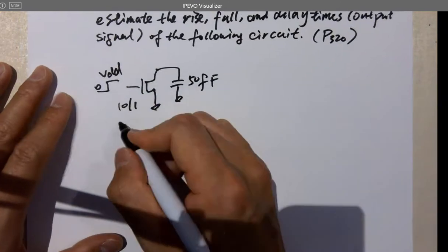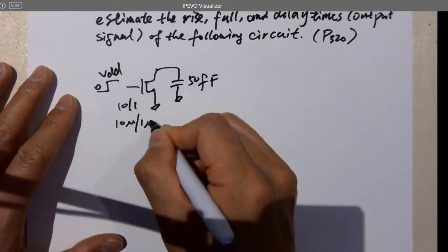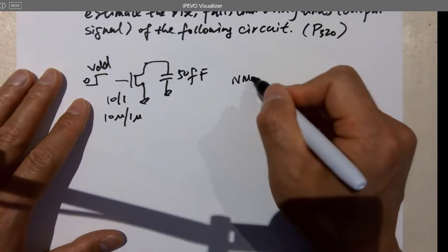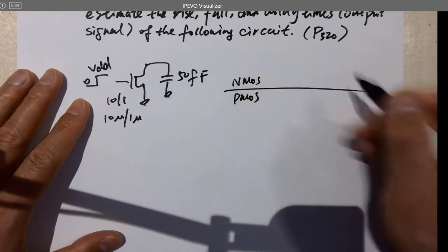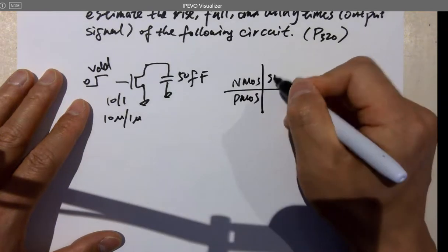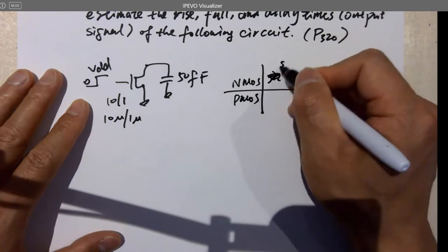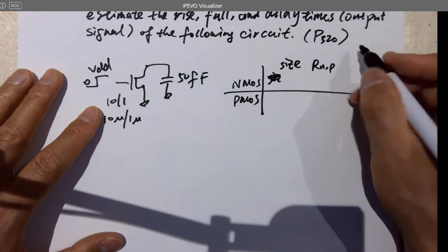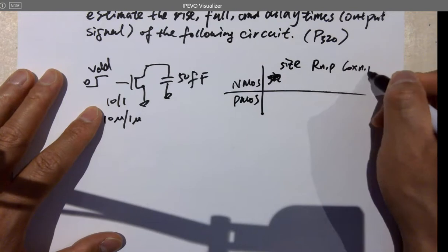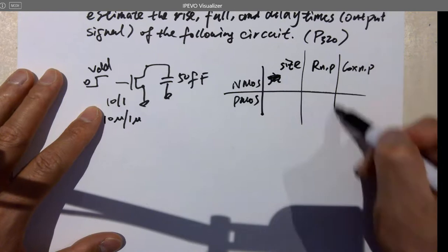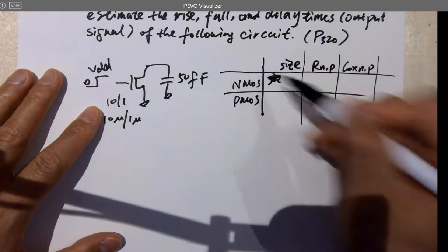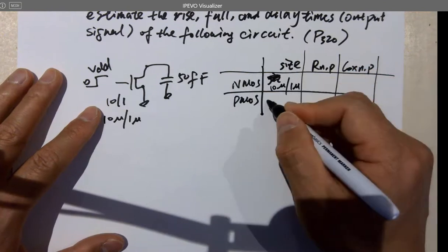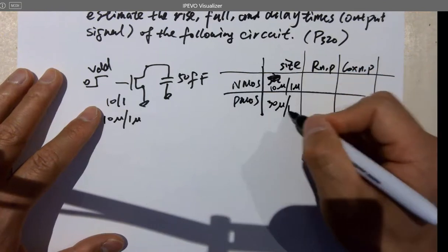So 10 to 1 here means exactly 10 micron over 1 micron, right? Just keep in mind. And here's a table for the parameters. So all these parameters can be found in the textbook.